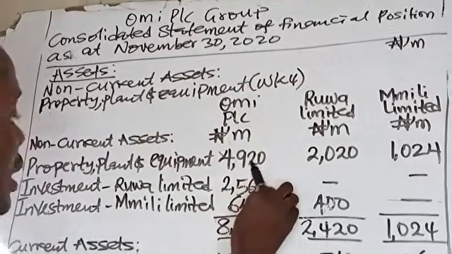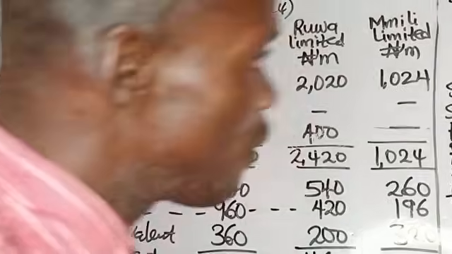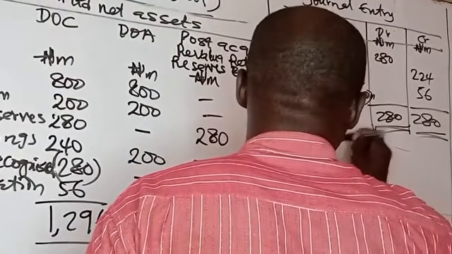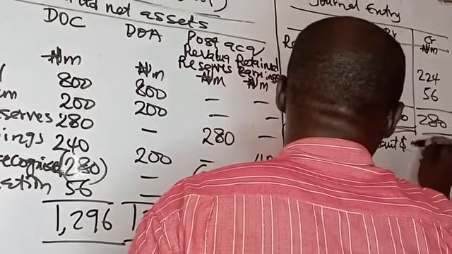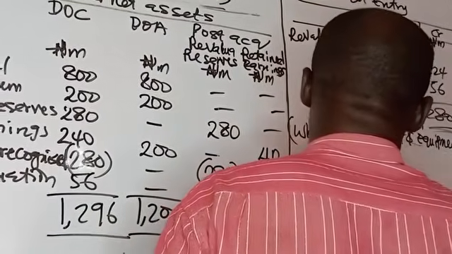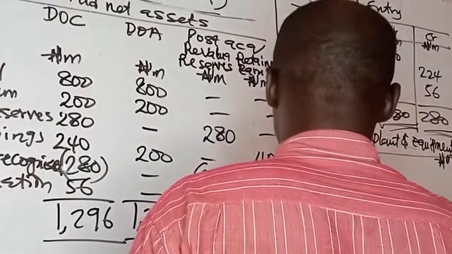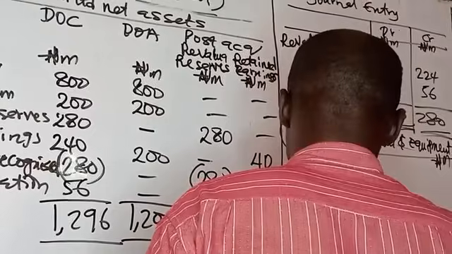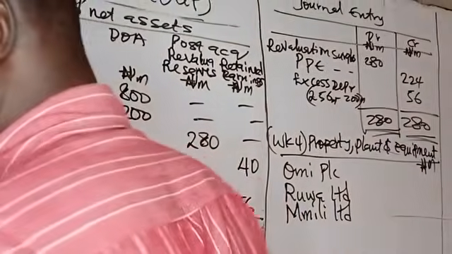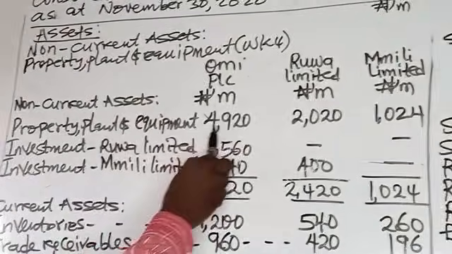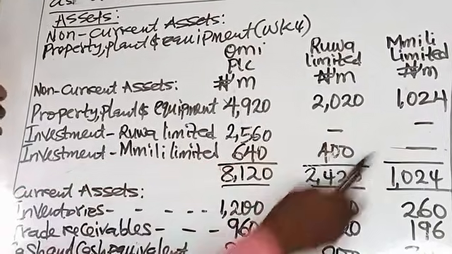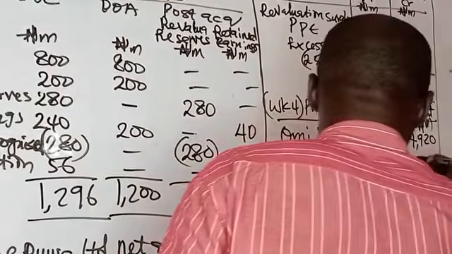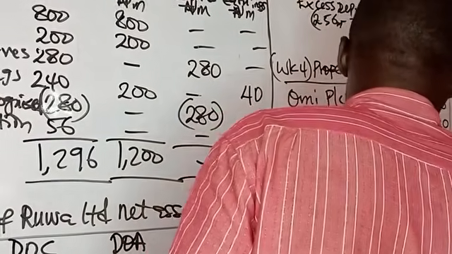Working 4, property, plant, and equipment. We have that of OMI PLC, which is 4,920; Ruwa Limited, 2,020; and Millie Limited, 1,024.